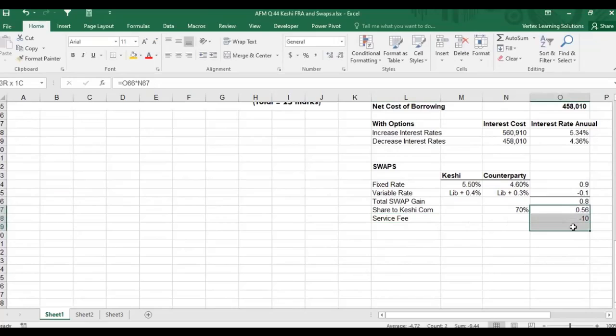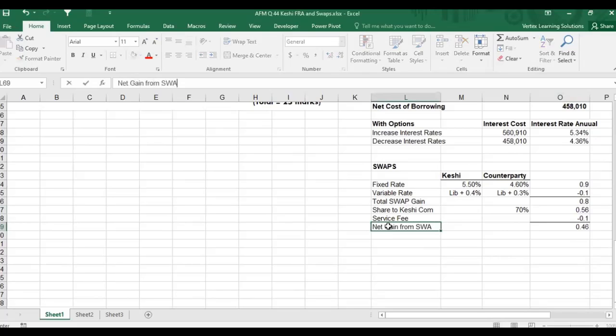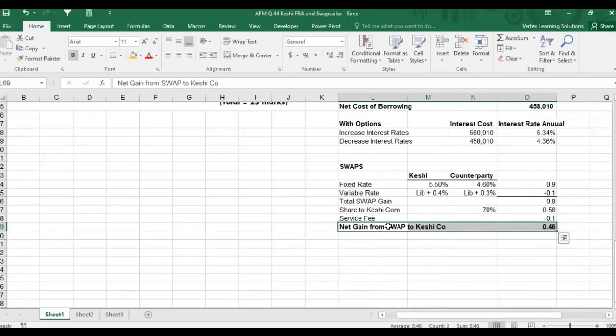We subtract it: this minus 0.1, the basis point. So this is the net gain from the swap to Keshi company, 0.46. This is their net gain. 0.46.